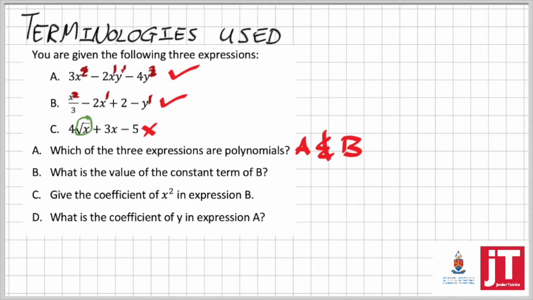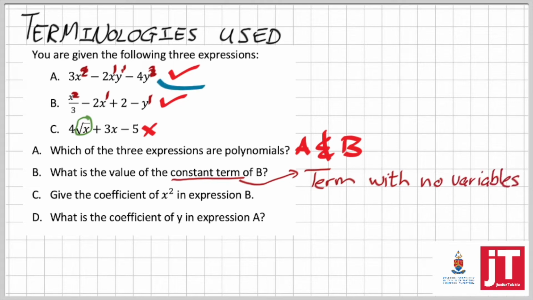Now the question that they ask is, what is the value of the constant term of B? What is a constant term? Well, that is a term that has no variables in it.